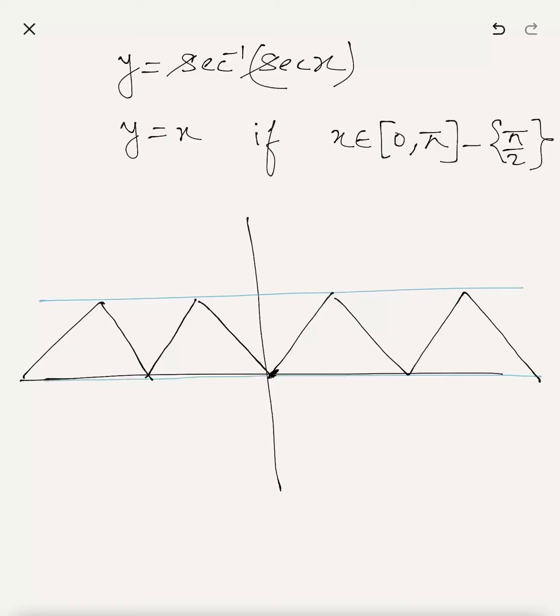Now see, at 0 the value is included, here the values will be included, since we have got closed bracket. 0 and pi both are under closed bracket, so don't make it a hollow circle. This value is included.